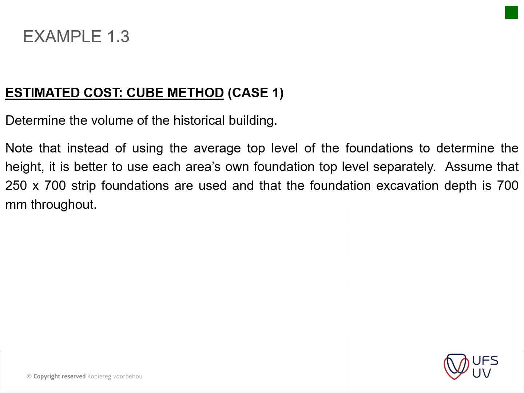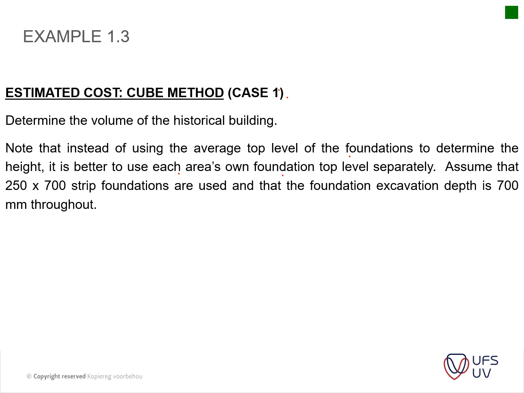Okay, then we get to our area or cube method. We're going to look at that little formula that I've spoken about, but there's a little bit more to the cube method than just the normal calculations that we did earlier. Note that instead of using the average top level of the foundations to determine the height, it is better to use each area's own foundation top level separately.